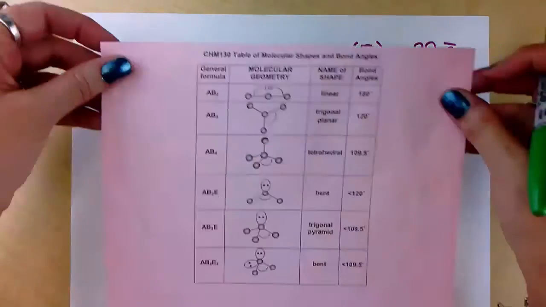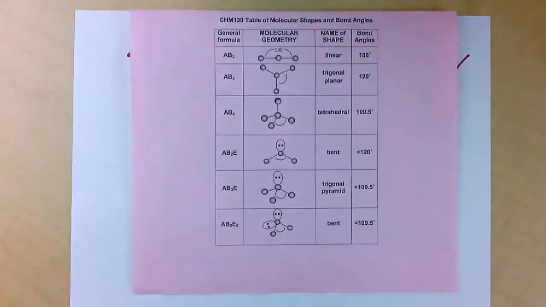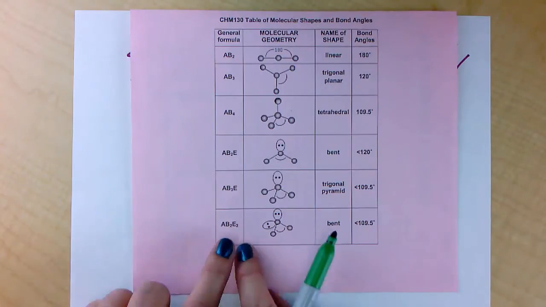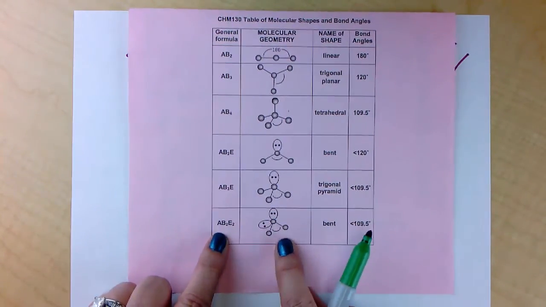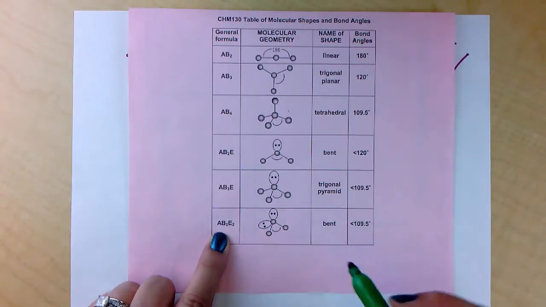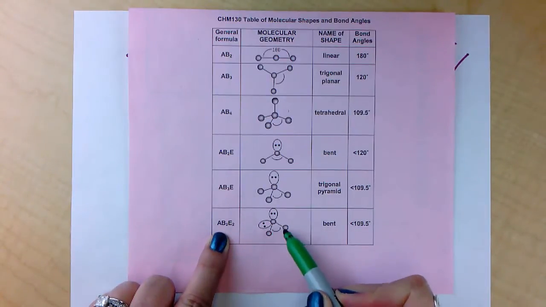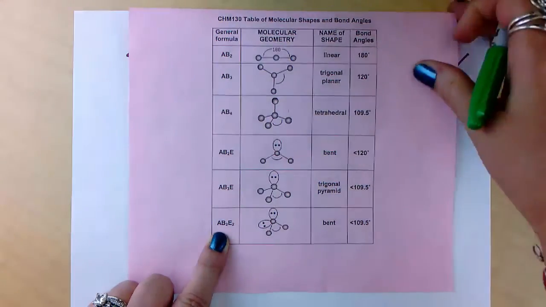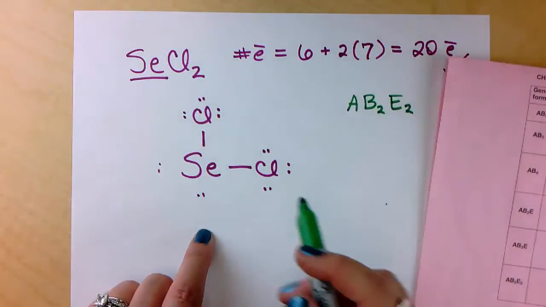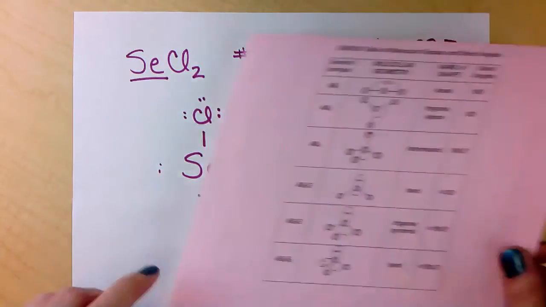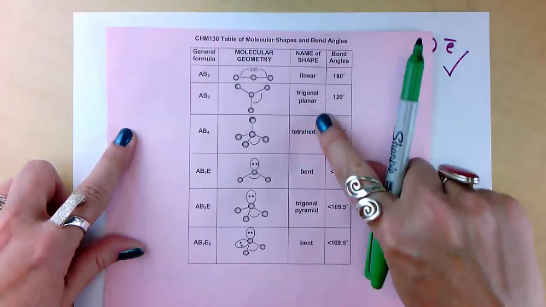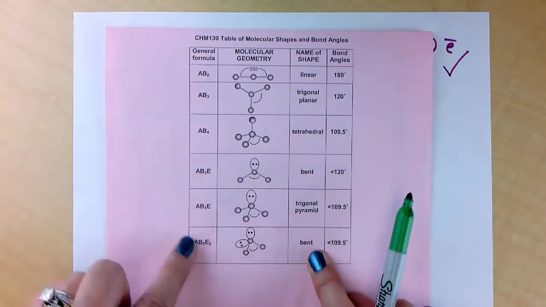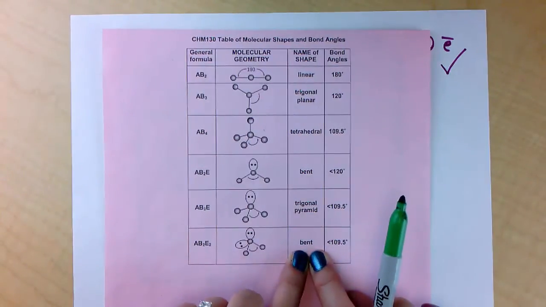Let's go to our shapes table and find AB2E2. It's the last one. It should look something like this. A center atom with two bonded atoms and two lone pairs. Does that look familiar? Yes, it does. The name of this shape for AB2E2 is bent, meaning the atoms are not in a straight line.